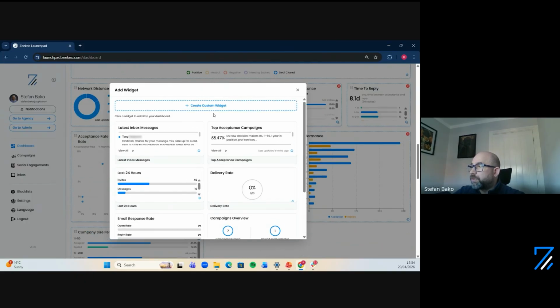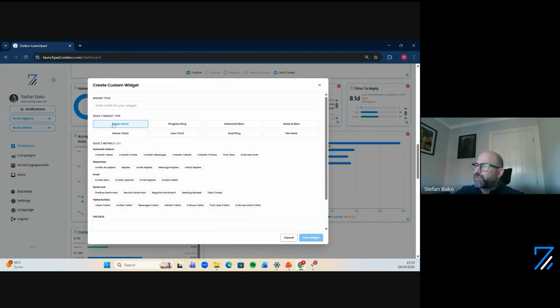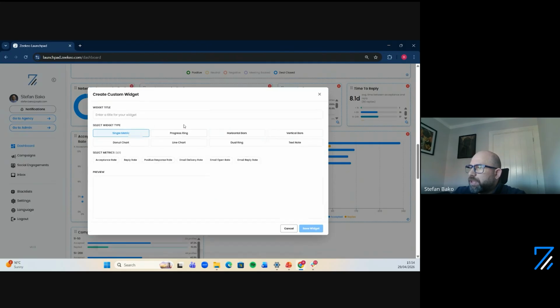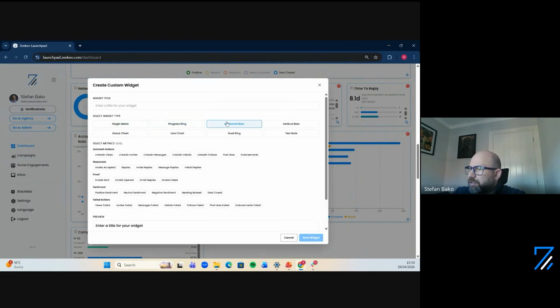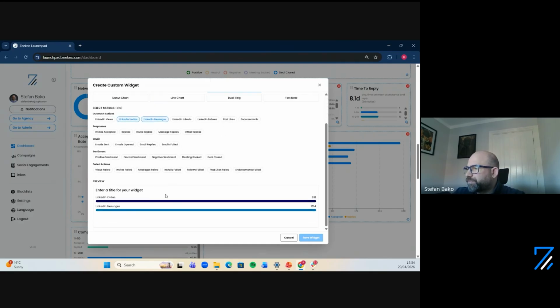And you can also create your custom widgets. So you have single metrics, progress string, horizontal bars, vertical bars, donut charts, line charts, drawing, and you can even add a text note. Now, you can go through and just select the criteria. So for example, for horizontal bars, I can go LinkedIn invites and LinkedIn messages. Okay.